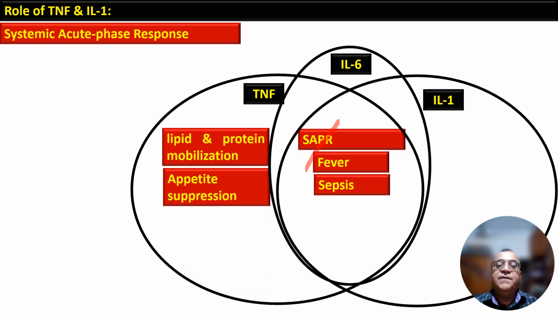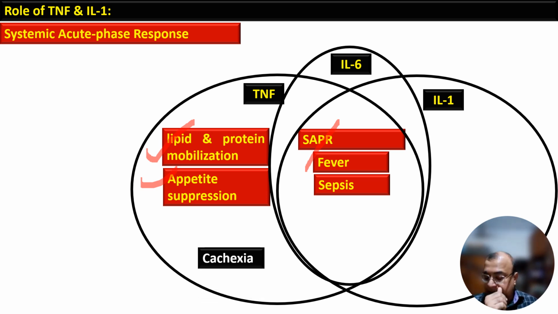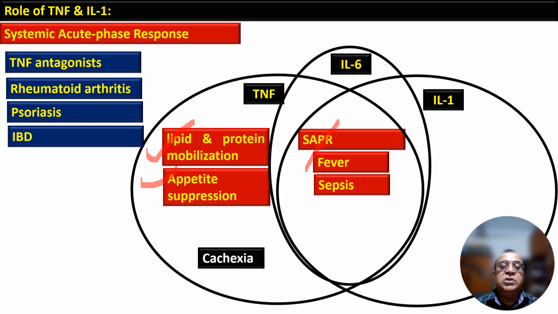TNF, or tumor necrosis factor, is responsible for lipid and protein mobilization, and it is also responsible for suppression of the appetite that leads to cachexia, a metabolic state in which there is anorexia and a loss of appetite in chronic inflammatory conditions.